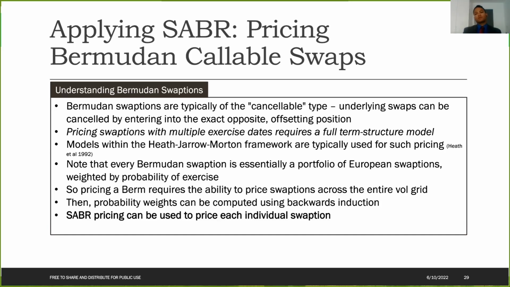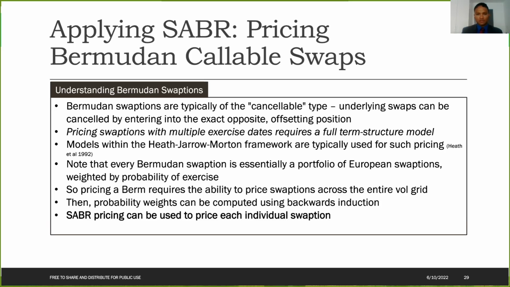What do I mean by that? If you look at the valuation of a Bermudan, what is a Bermudan? It allows you to exercise the option to cancel or to call the underlying swap at different time periods, regular intervals, every 3 months, basically.